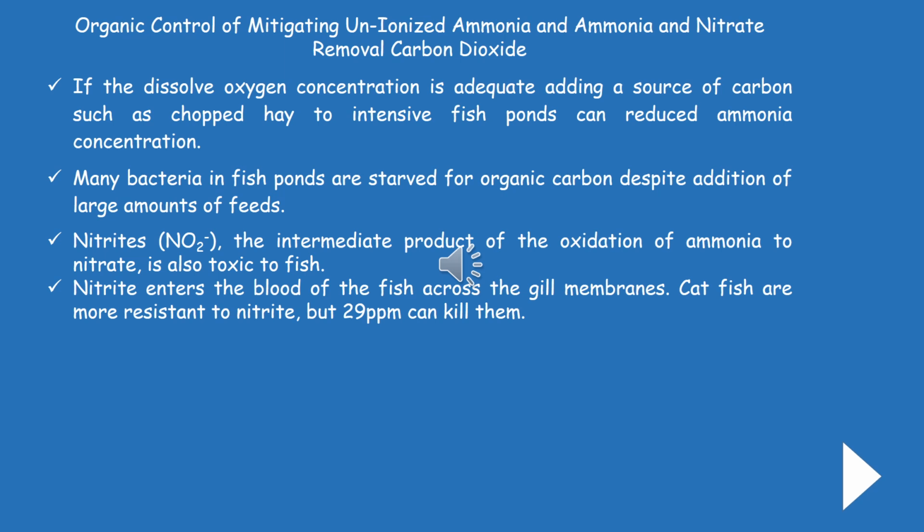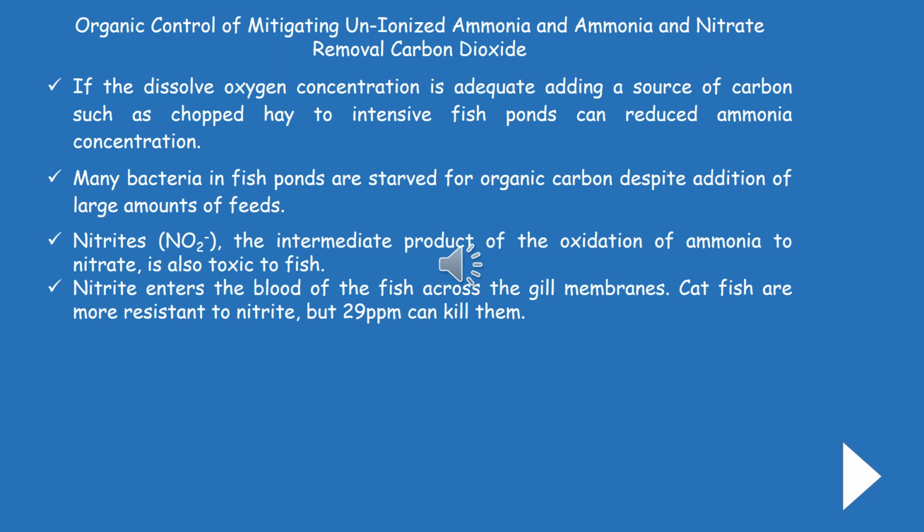Control or mitigation of unionized ammonia and nitrate, and also removal of carbon dioxide, we have dealt with in the previous slide. If the dissolved oxygen concentration is adequate, add a source of carbon such as chopped hay. You know hay?